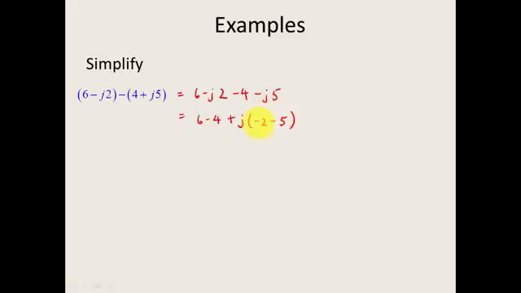Let me explain why negative 2, because this imaginary part is negative j2. Why minus 5? Because over here is minus j5. Now let's tidy up. 6 minus 4, the real parts add to 2. And over here, minus 2 minus 5 becomes minus 7. And the final answer is 2 minus j7.